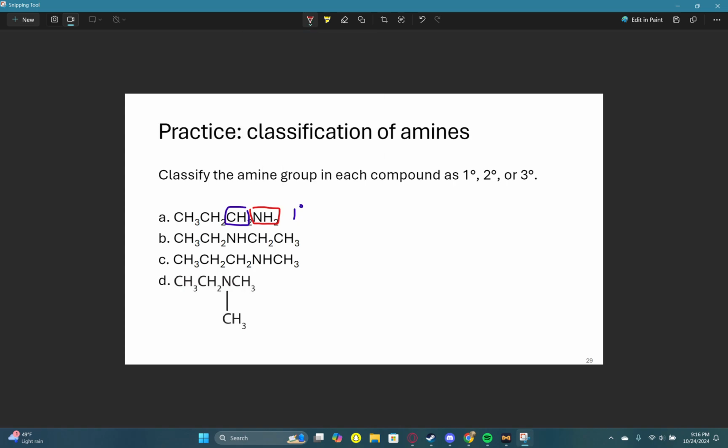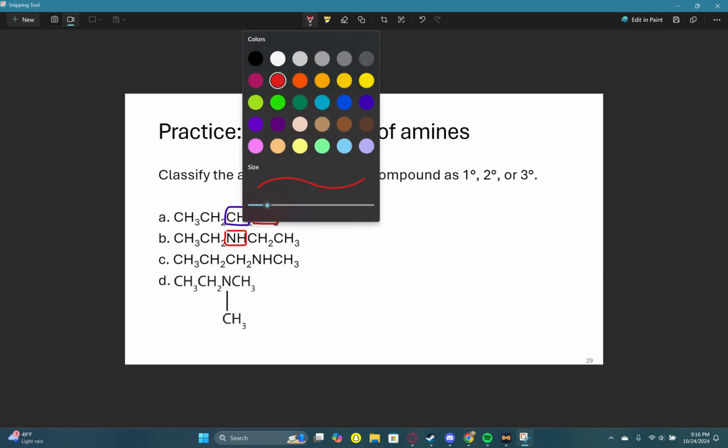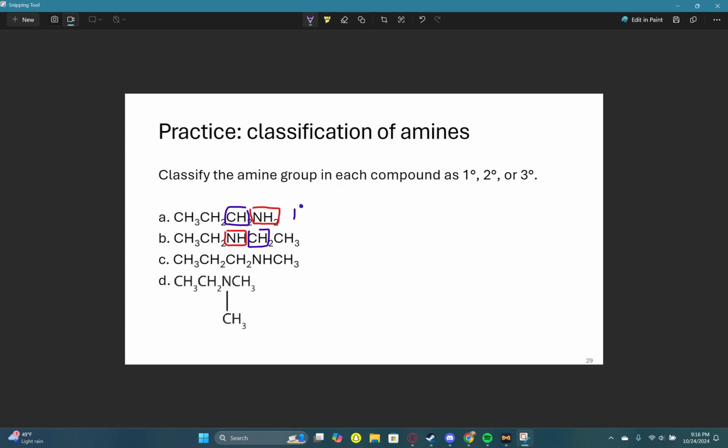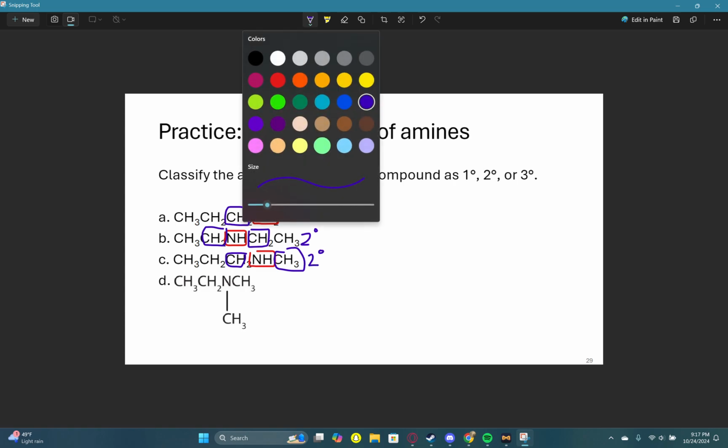In example B, I see that the NH is sandwiched in between two carbon molecules, 1, 2, meaning that this will be a secondary amine group. In example C, I see that NH is right here, and it is also sandwiched in between two other carbon molecules, meaning example C is classified as a secondary amine.